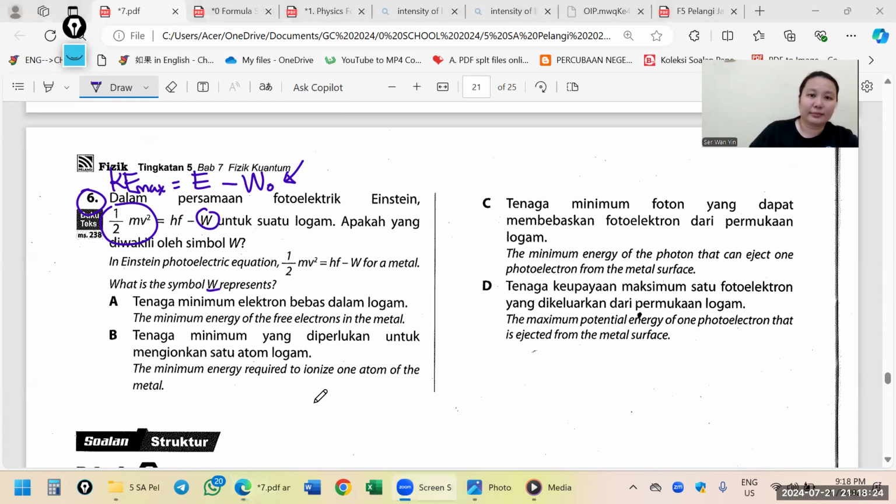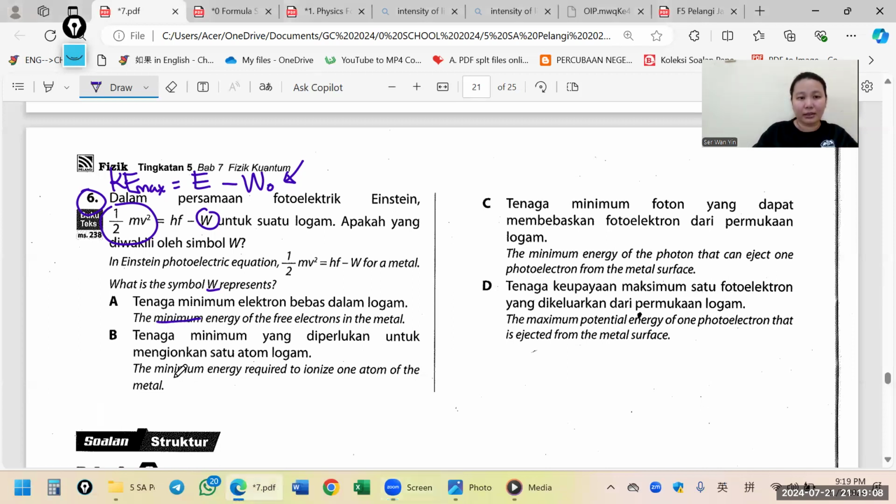The minimum energy is correct already. Maximum is directly wrong, maximum is kinetic energy.